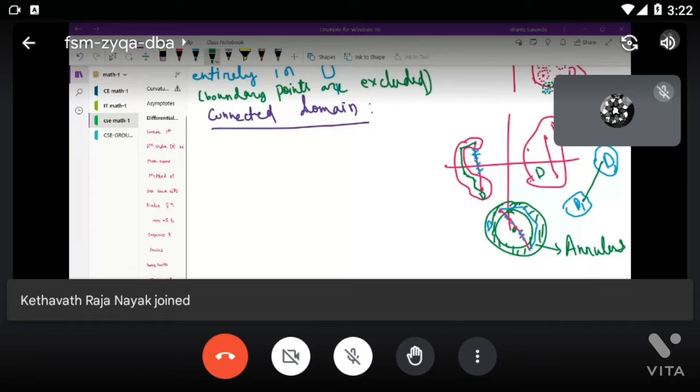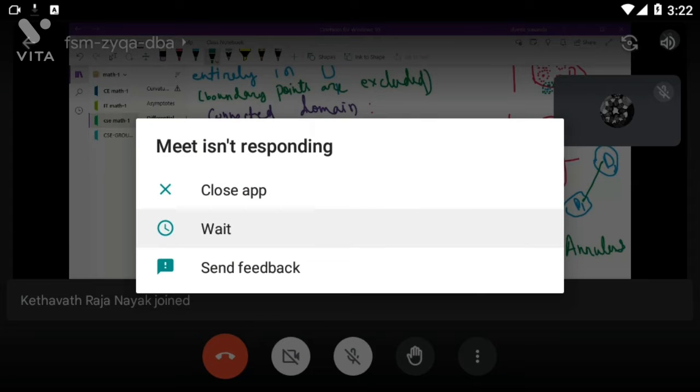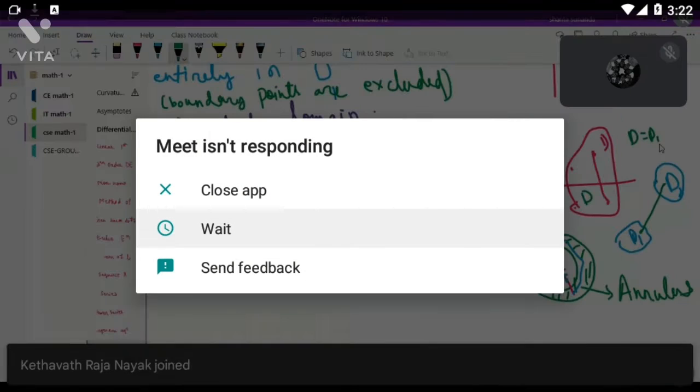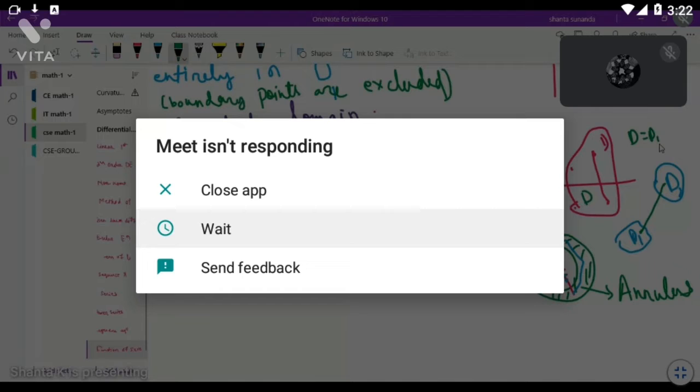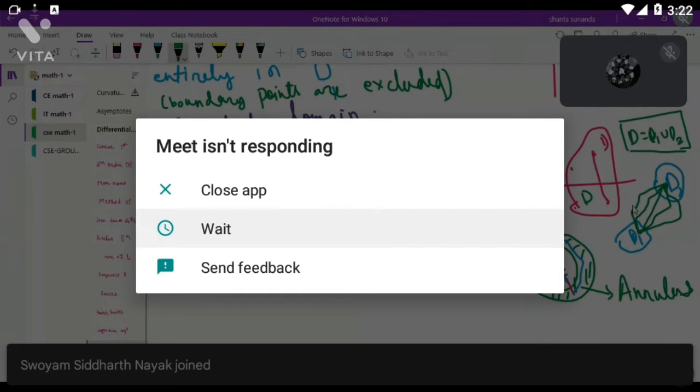Union. Between this, there will be infinite paths, but for all paths, some portion of the path lies outside the domain. They are not in the domain.